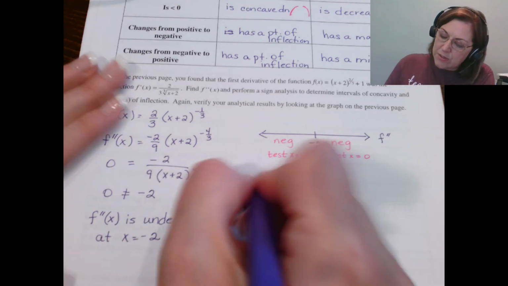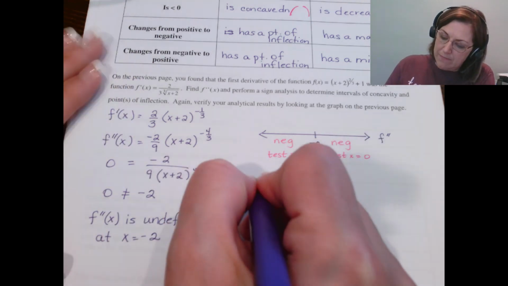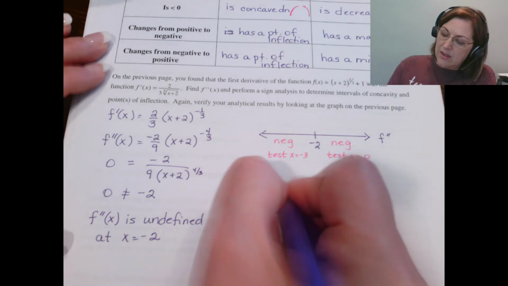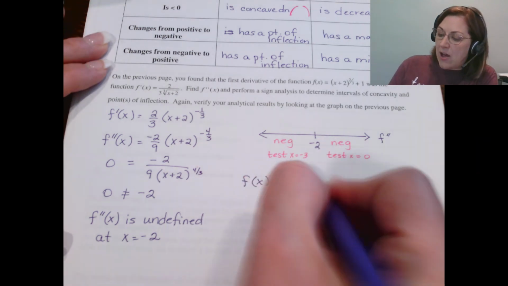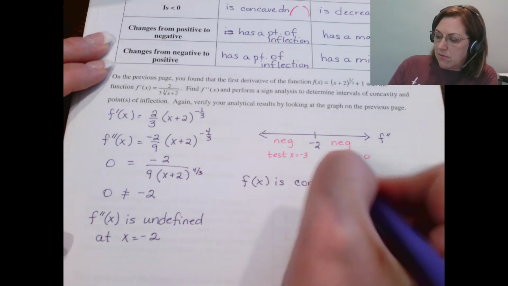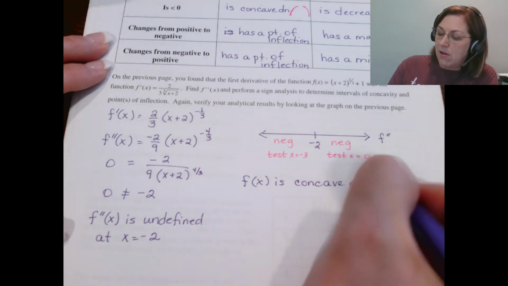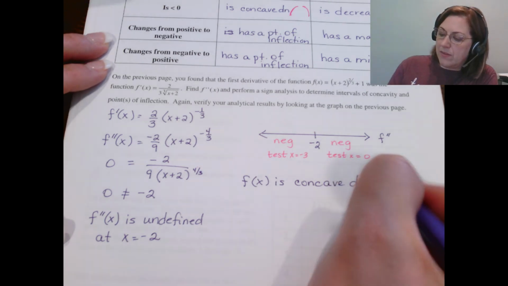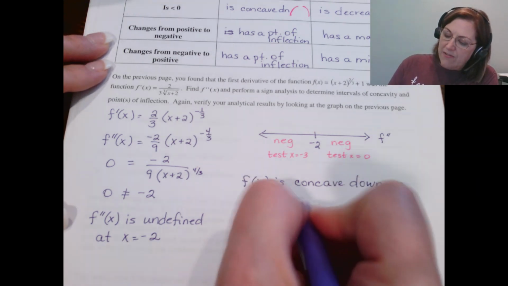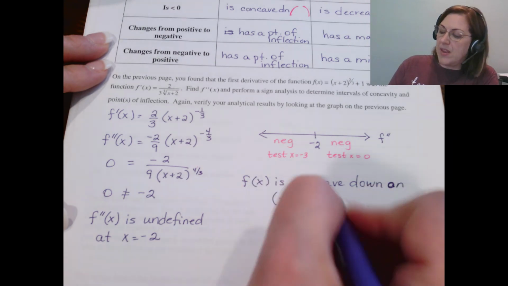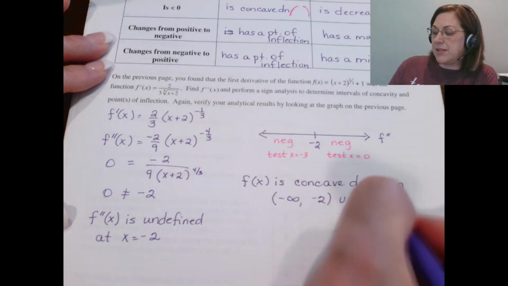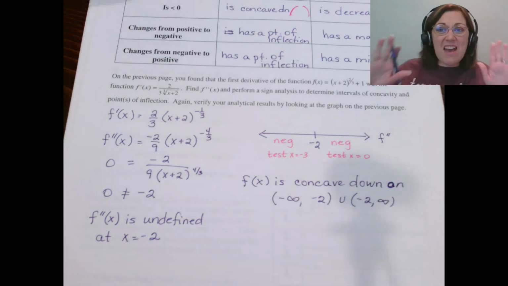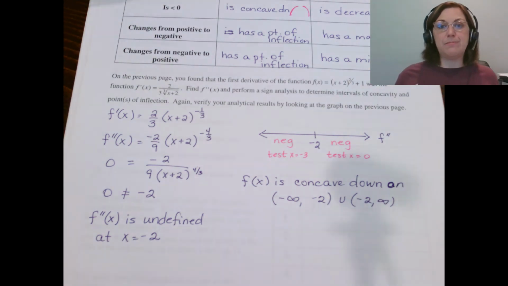Well, that tells me that the function is concave down on the interval from -infinity to -2 and from -2 to positive infinity. It's concave down everywhere except at -2.